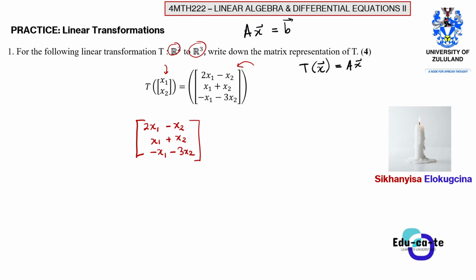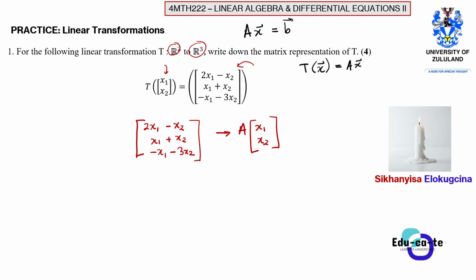So now, what do we aim to get here? We just want to express this term in the form of a matrix times this vector, which is x1 and x2. We just need to use our algebra skills and our prior knowledge of matrix multiplication.